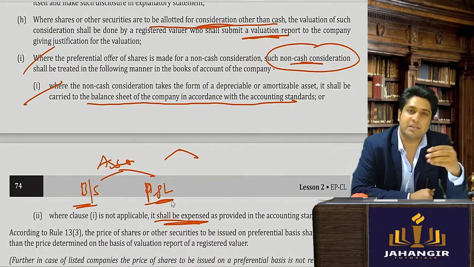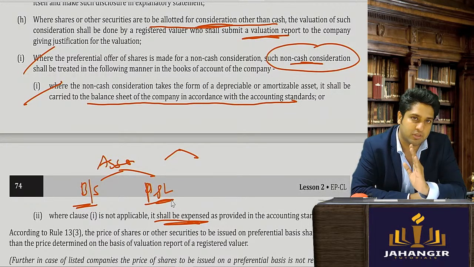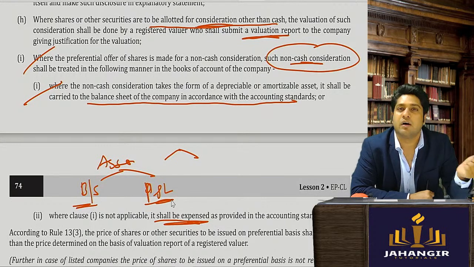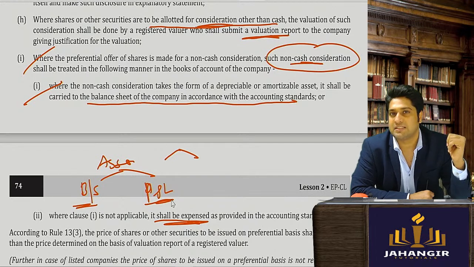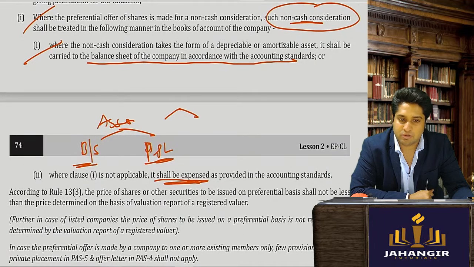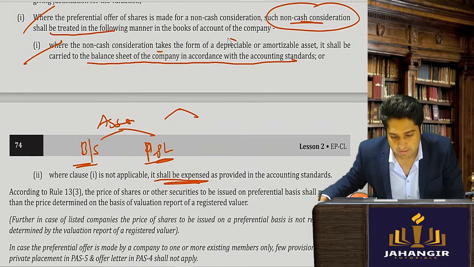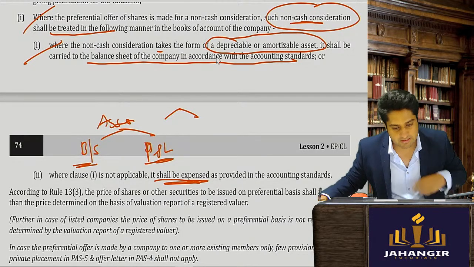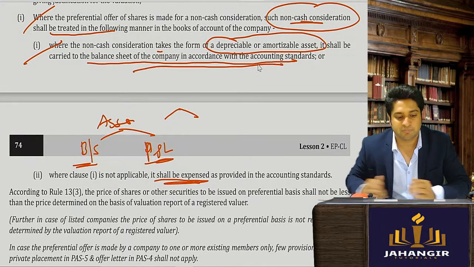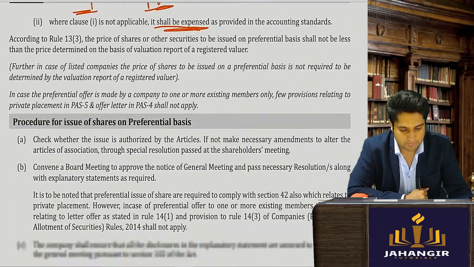It could be things which are not that valuable that they should be put on the asset side. So when we buy a small pen or some smaller assets, all assets don't go into the balance sheet. Some of them are expensed. So both of them, they're saying that it shall be treated in such a manner that if it takes the form of a depreciable or amortized asset, then it should be put into the balance sheet if it is a proper asset. Otherwise it should be expensed out.